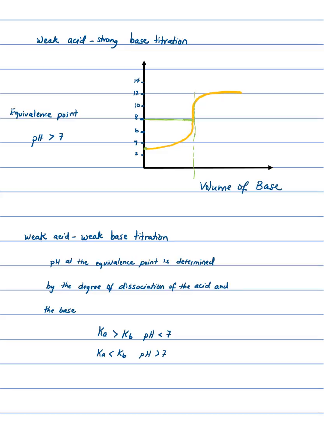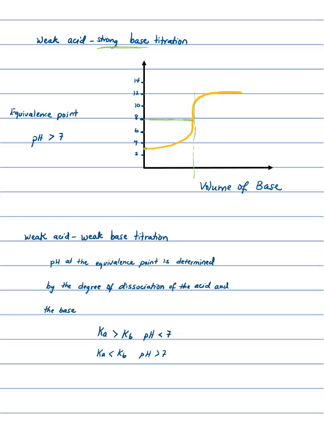Here the strong one is the base, which means that the pH at the equivalence point is always determined by the strong one. So you have a strong base, and basic pH values are above 7. So for a weak acid titrated with a strong base, the pH at the equivalence point will always be higher than 7.